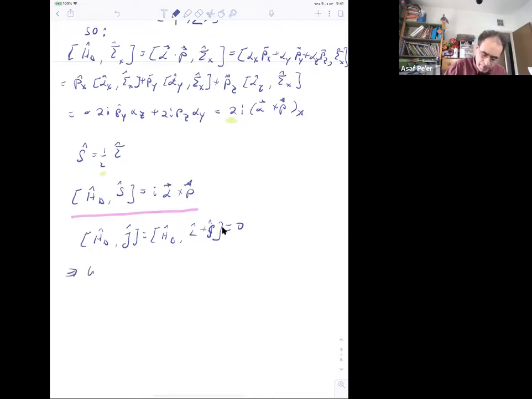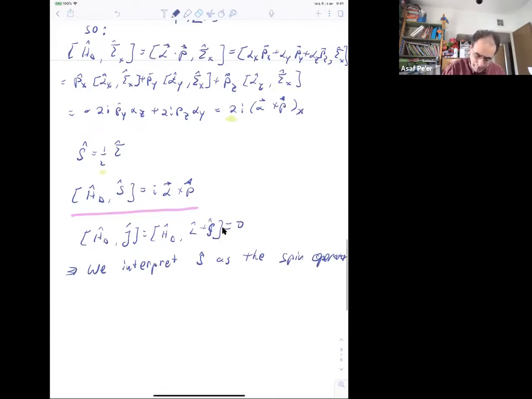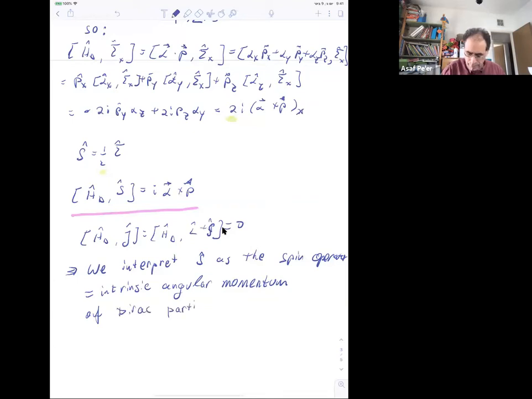So that means that we interpret S as the spin operator, or I should say spin operator, meaning intrinsic angular momentum, of the Dirac particle. Well, it's really a spinor particle.